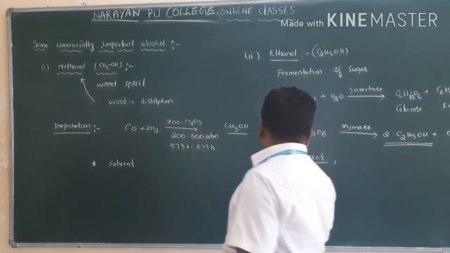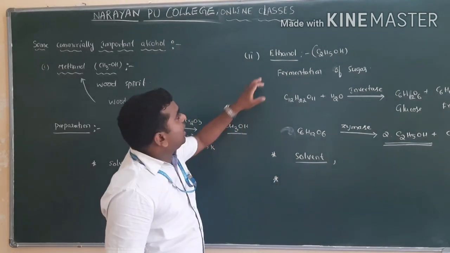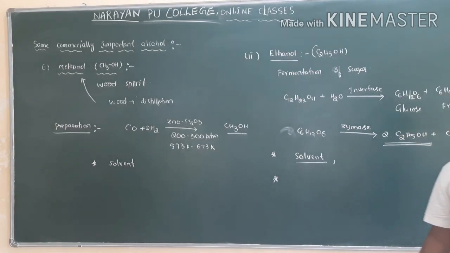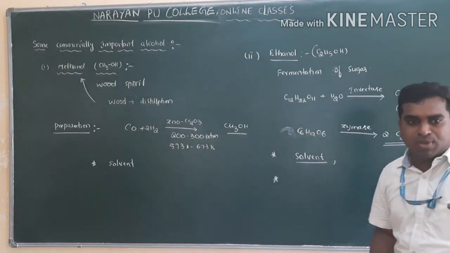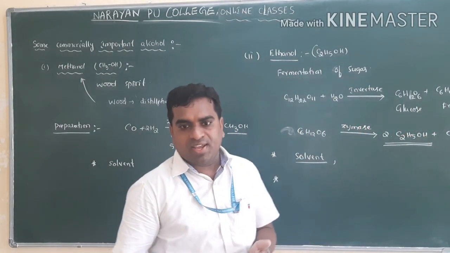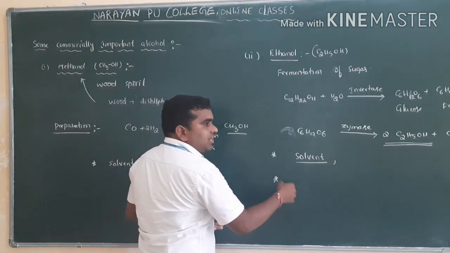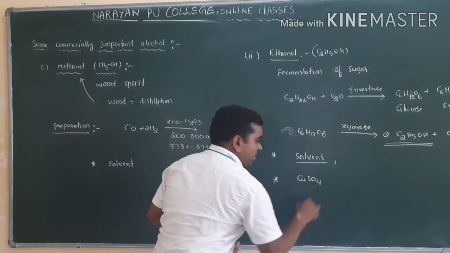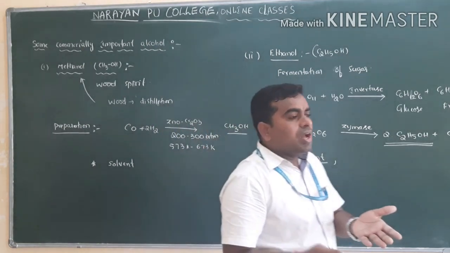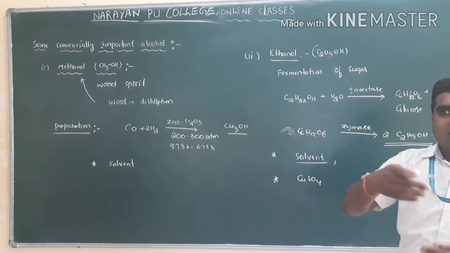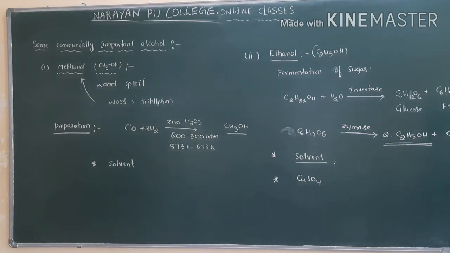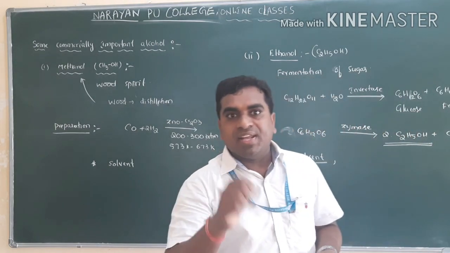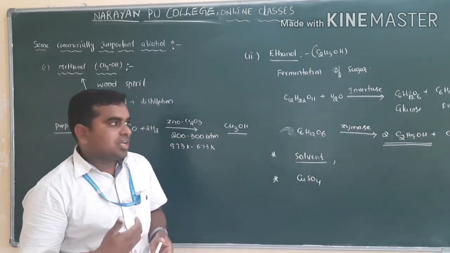Clear? And also commercial ethanol cannot be used for drinking purpose. Why? Because commercial alcohol is poisoned, sometimes by copper sulfate. So then what will happen? When we add copper sulfate, the color of the alcohol will be changed. And sometimes you will add some pyridine, so you will get some smell.